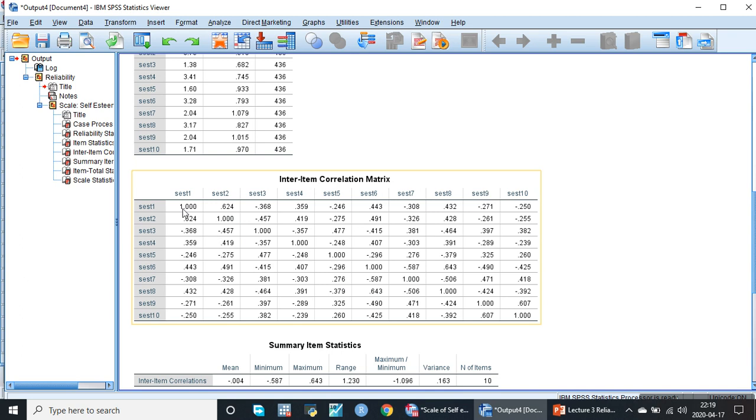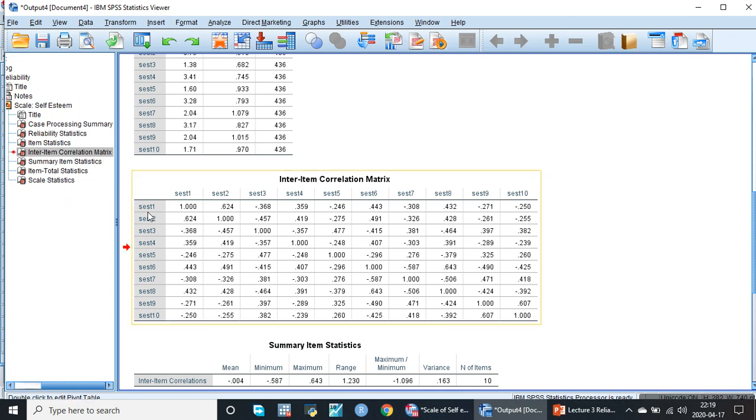If we look at the questions self-esteem 1, self-esteem 2, self-esteem 3 up to self-esteem 10, there is a negative sign with question 3, question 5, question 7, question 9, question 10, and it is because all these items are reverse coded and we need to reverse them. We need to correct it before we check the reliability of the scale.